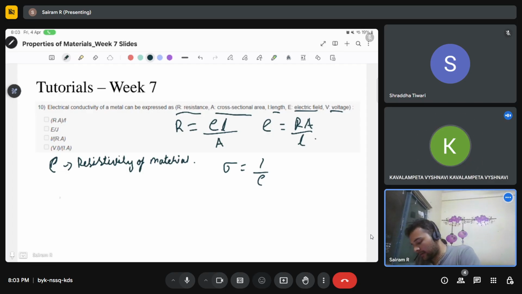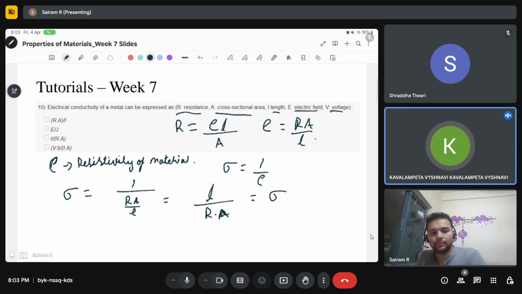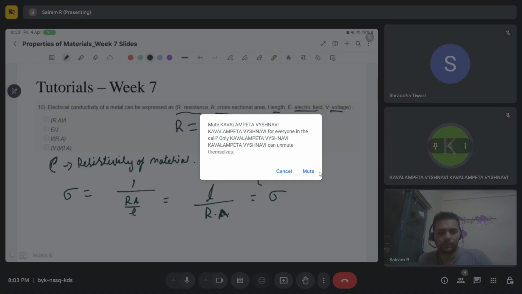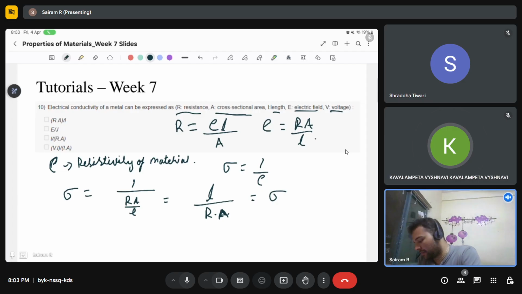So conductivity equals 1 by R A by L, which is L by R into A, which is sigma, the conductivity, right? Okay, so conductivity is L by RA. We have that value over here.